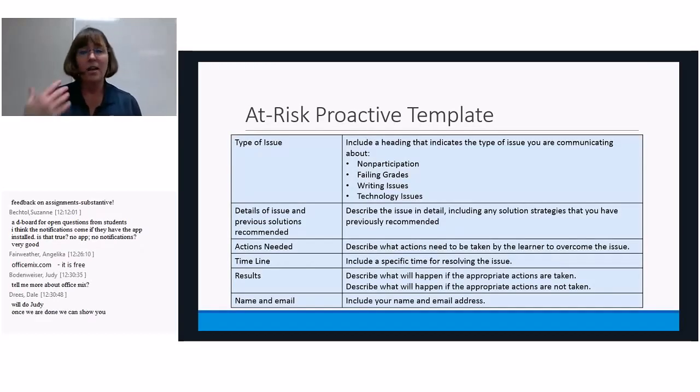When you are talking to your students as well, I think it's very important to consider all these different components. Say you're using an email. You need to be very precise about what issue you're noticing, and whether there are any solution strategies for the issue. You need to be very precise and tell the student, okay, you need to do this, this, and this, and have a timeline and what the results are.